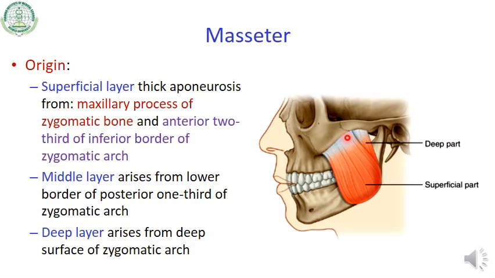So this whole thing is the superficial layer. Now coming to the middle layer. Middle layer arises, we cannot see here the middle fibers of the masseter muscle, but it is arising from lower border of posterior 1/3 of the zygomatic arch. So you can see here, this is the lower border of posterior 1/3 of the zygomatic arch, and the deep fibers are arising from deep surface of the zygomatic arch.